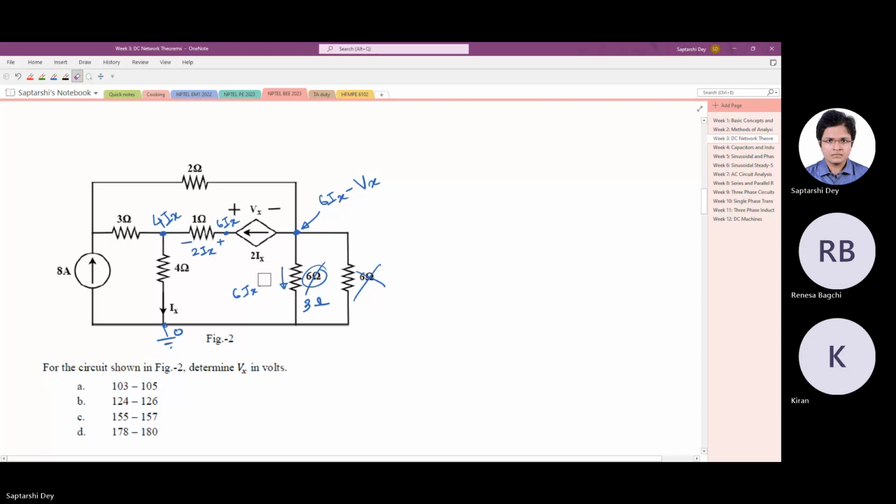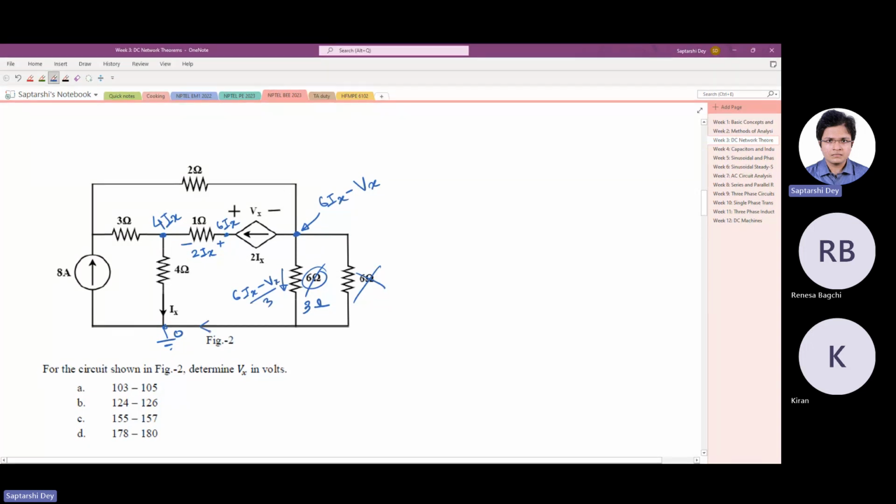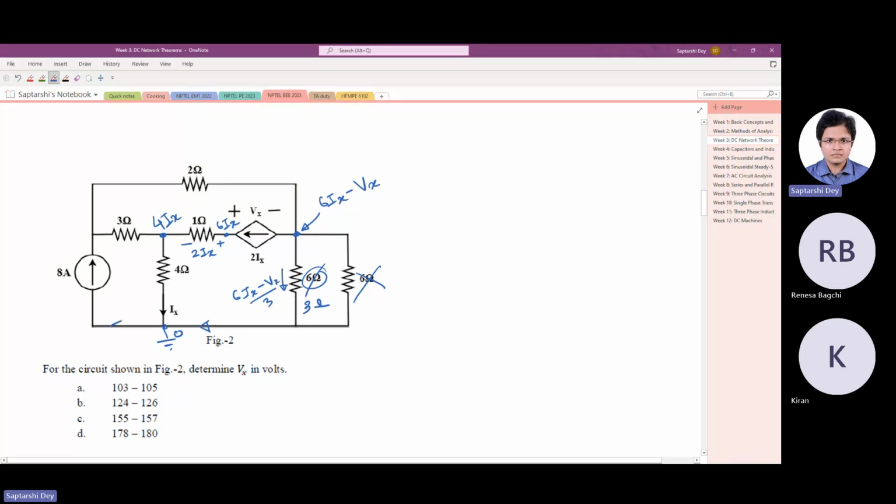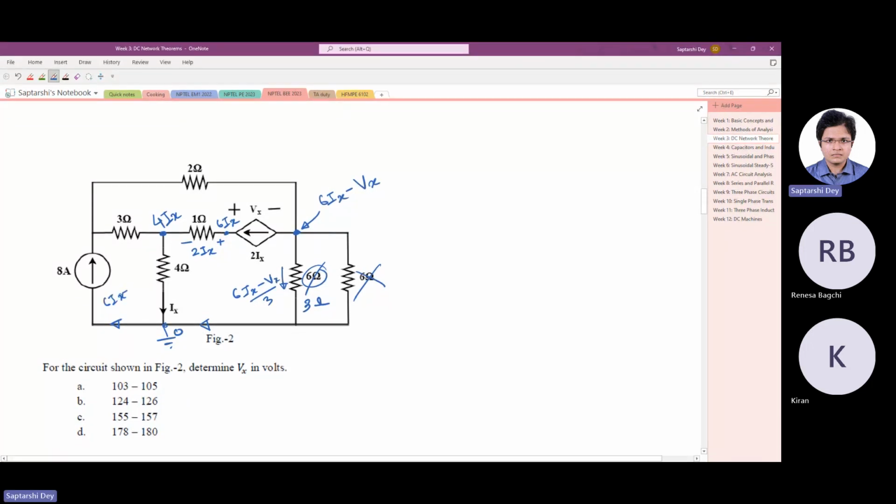Oh, sorry. 6Ix minus Vx by 3. That much current is going, and plus Ix. Anyway, what I am doing is not node analysis.